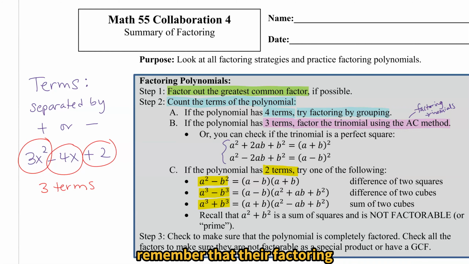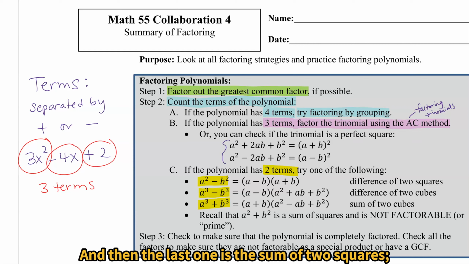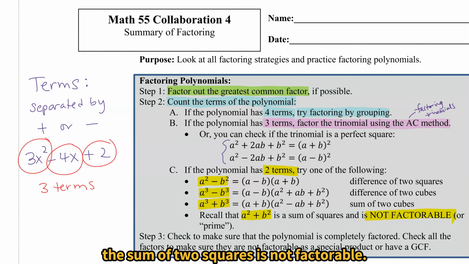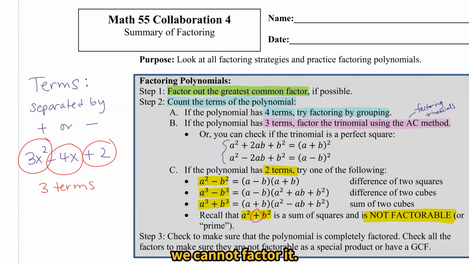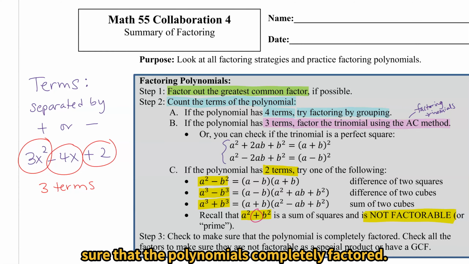Remember that their factoring formulas look very similar. And the last one is the sum of 2 squares, which is not factorable. So remember, if there's a plus sign between the 2 squares, we cannot factor it.